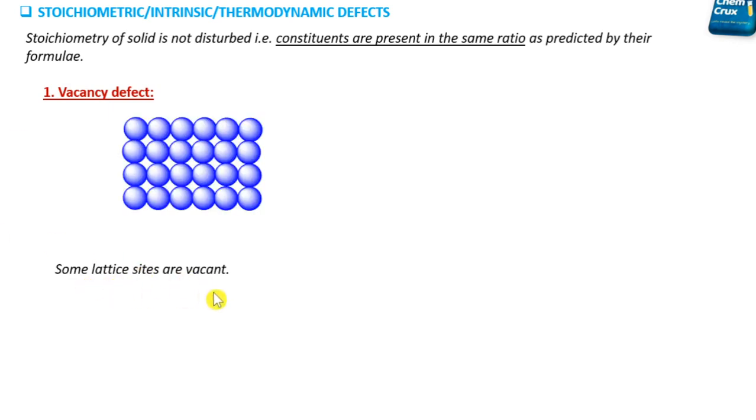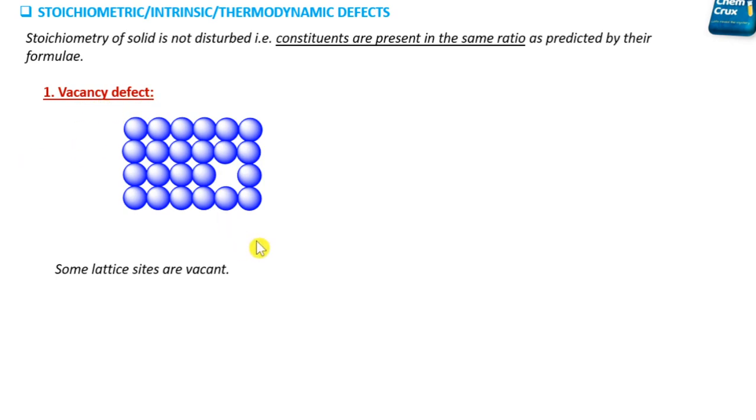The first type is vacancy defect. In vacancy defect, some lattice sites will be vacant. This is a perfect crystalline solid, right? Now if an atom or a particle is missing from the lattice site, it will give rise to vacancy defect.